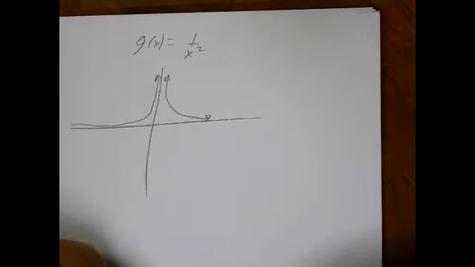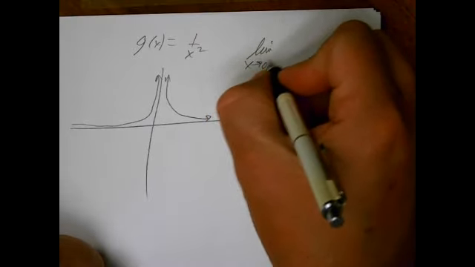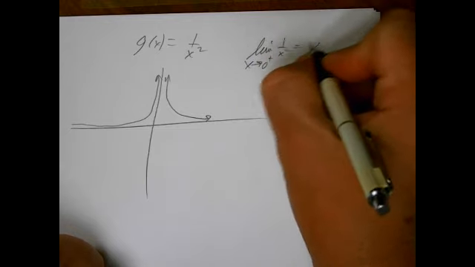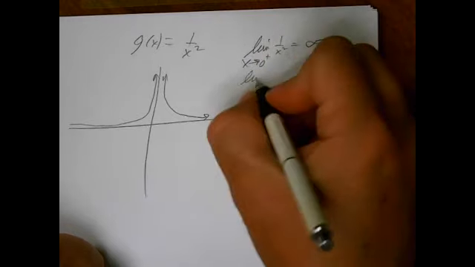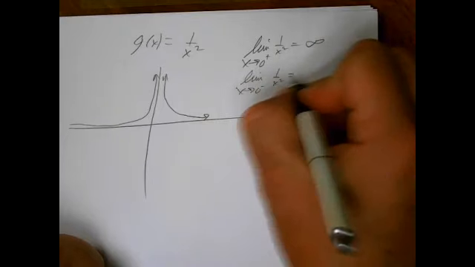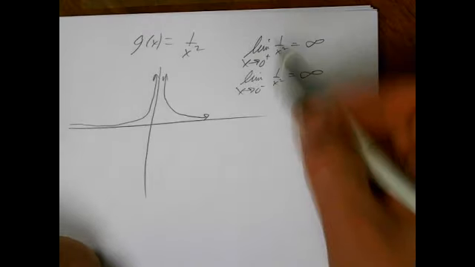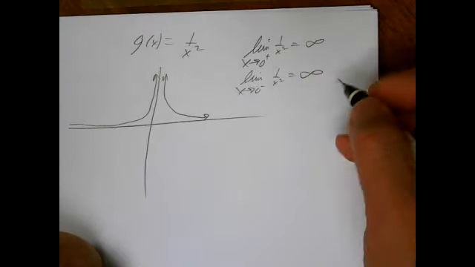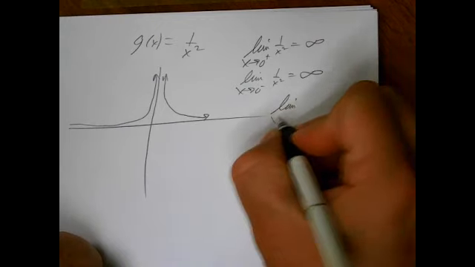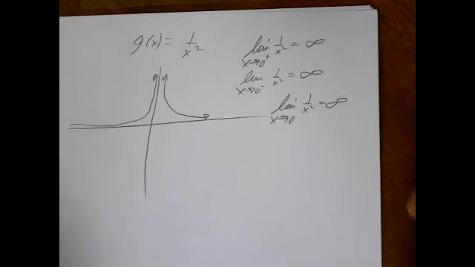So for this particular function, the limit as x approaches 0 from the right of 1 over x squared is infinity. The limit as x approaches 0 from the left of 1 over x squared is infinity. So since these limits match up, since it's doing the same thing from both sides, the limit as x approaches 0 of 1 over x squared is also infinity.